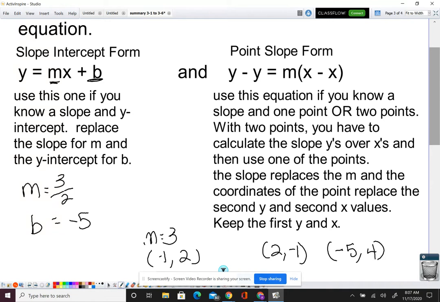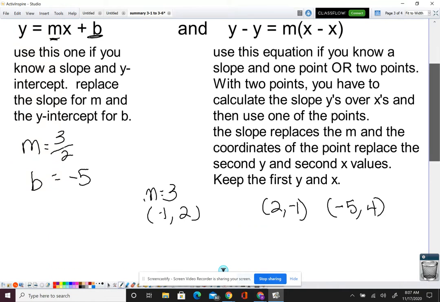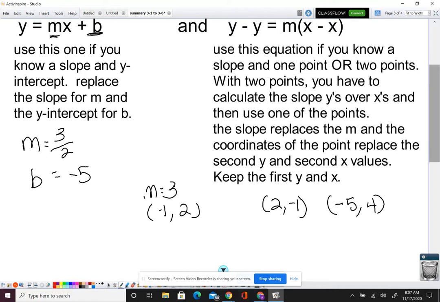So if I'm given an equation that has a slope of 3/2 and a y-intercept of -5, my equation becomes y equals 3/2 x minus 5. If they just say come up with the equation and they don't say to put it in a specific form, this is all you have to do. You just have to replace that m and that b.